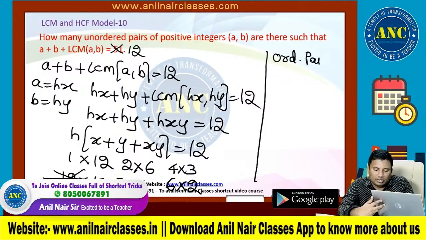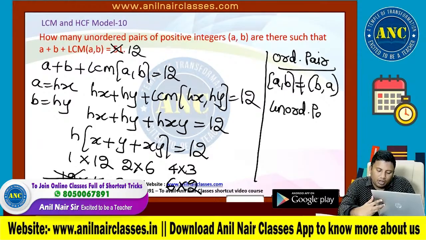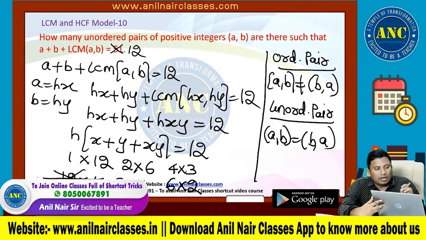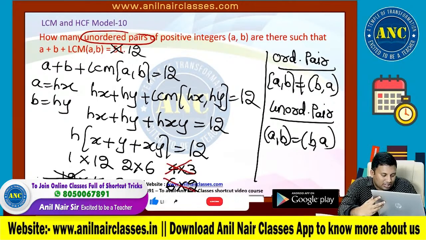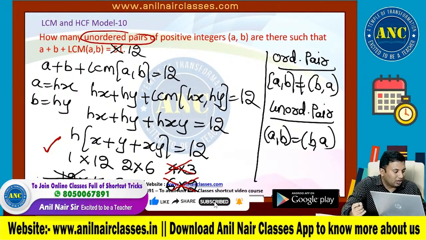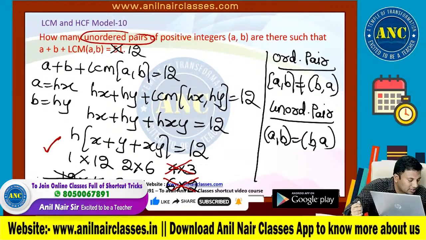An ordered pair is where A comma B is not equivalent to B comma A. An unordered pair is where A comma B is equivalent to B comma A. Because it is an unordered pair, I am not taking the reverse. This I will eliminate. Total 3 cases I got.